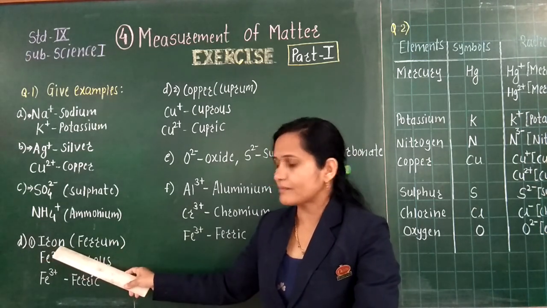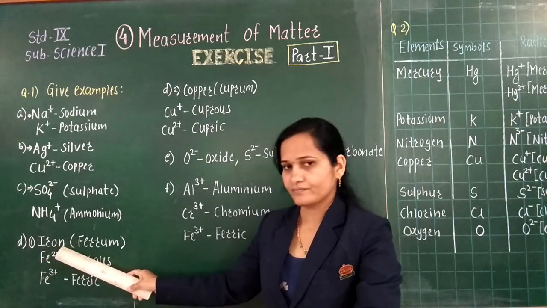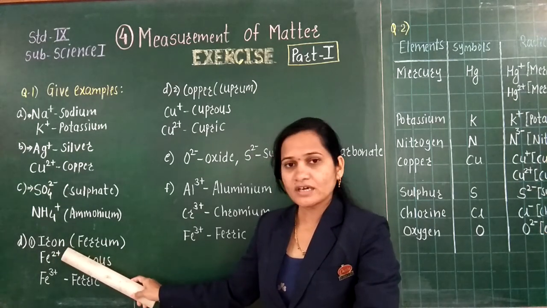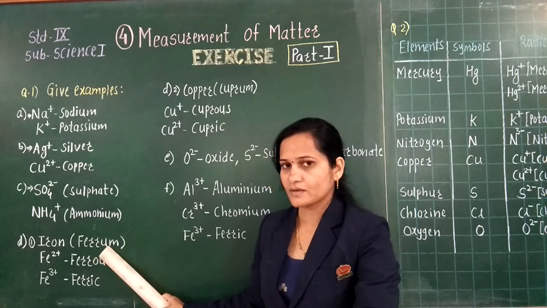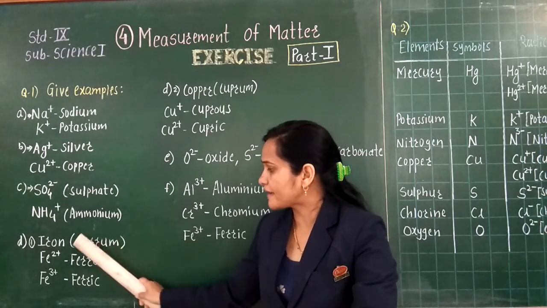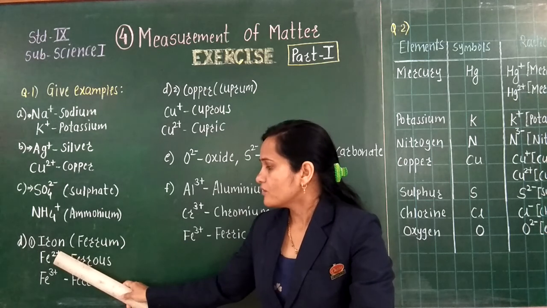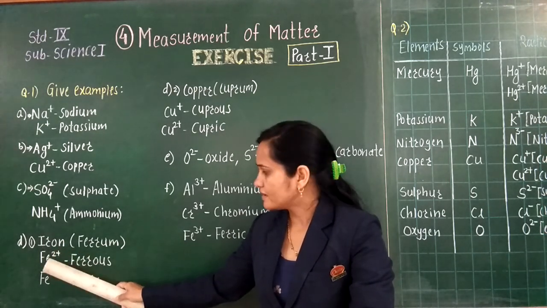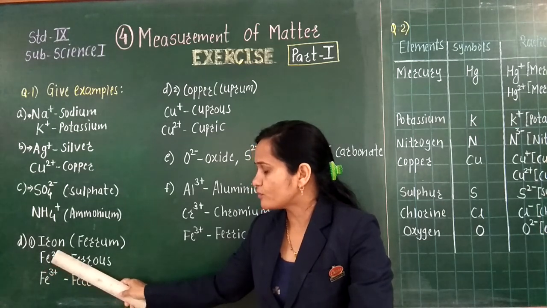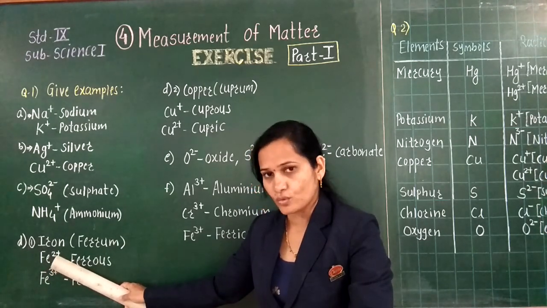In that, the first metal is iron. Iron has variable valency. The name written in the bracket is Ferrum. Which two variable valencies are present in the metal iron? The first one is Fe2 plus, having valency 2.